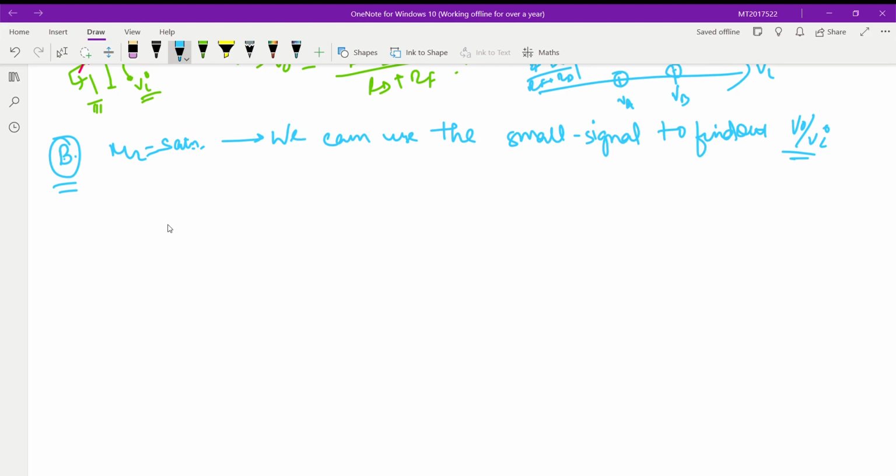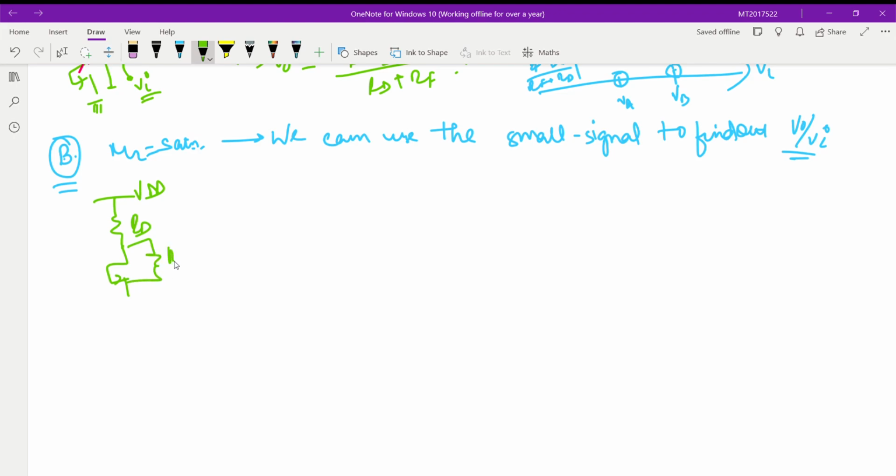To do this, we'll need to again redraw the circuit, but this time there will be a transistor here because it's on, and it throws out a current that depends on VI, and the dependence is square law, right? It's the saturation region current.